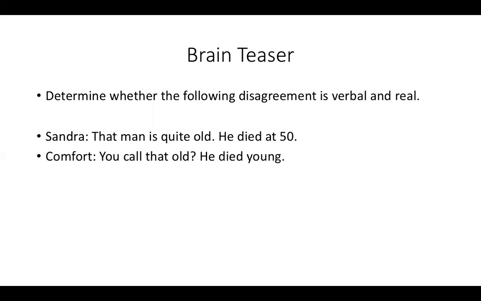When you see a dispute about preferences, what people value more, this way or that way, that's a value dispute. And when you see a dispute about something whose meaning is not clear, then you have to call that a verbal dispute.